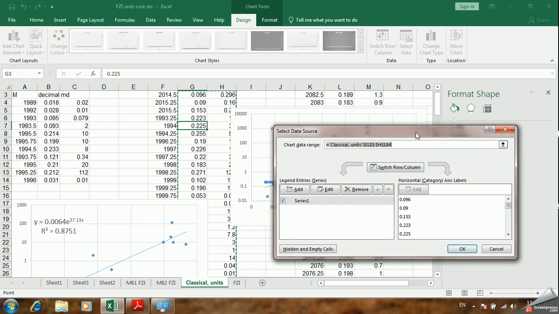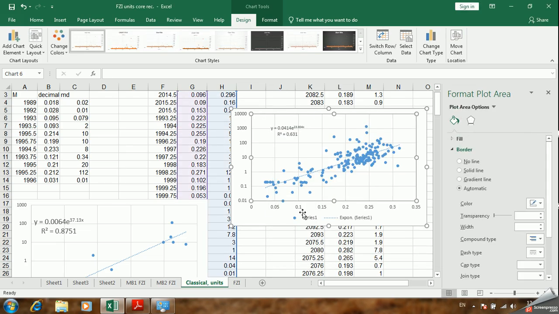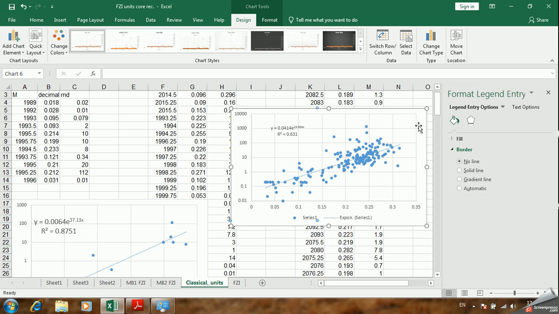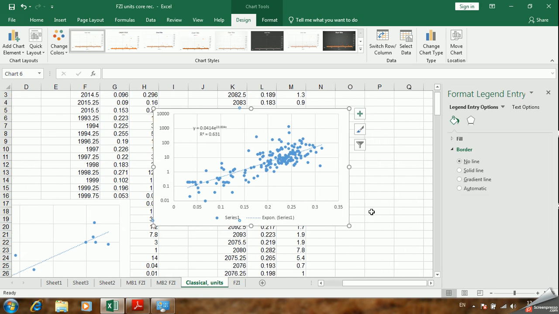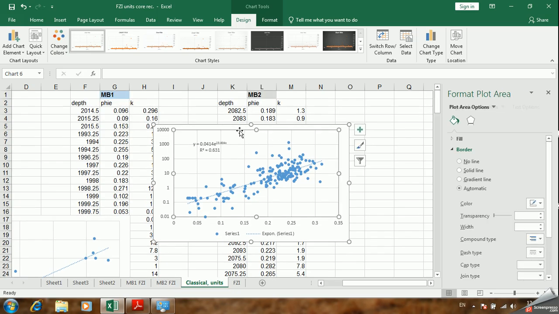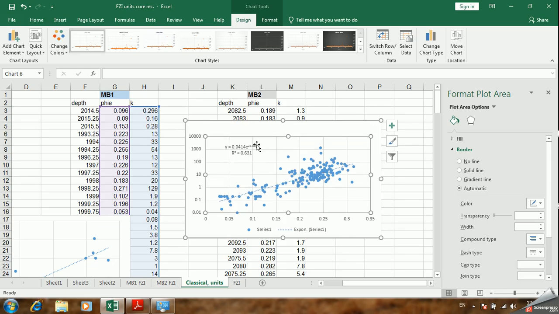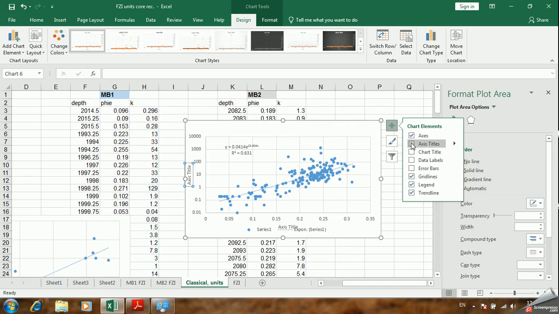And of course, as I said, you can find the equations for the other units, so you can easily find the permeability of the other units.